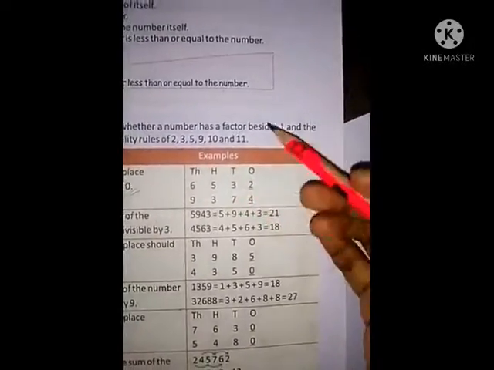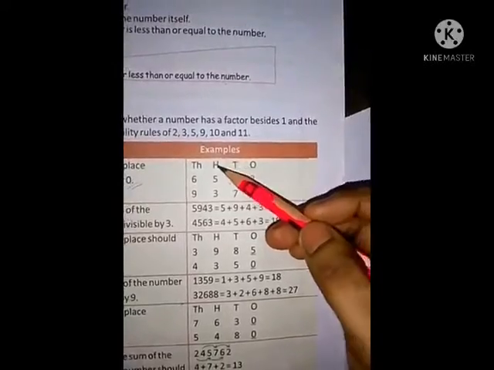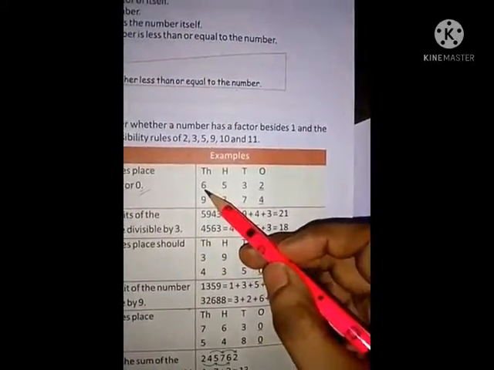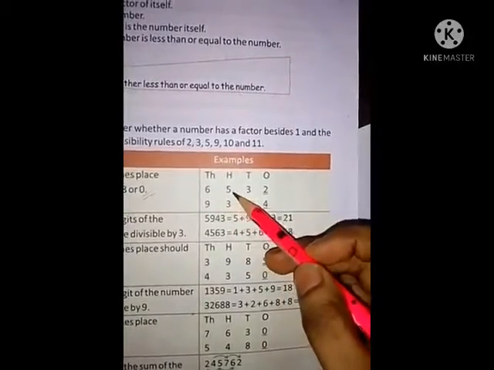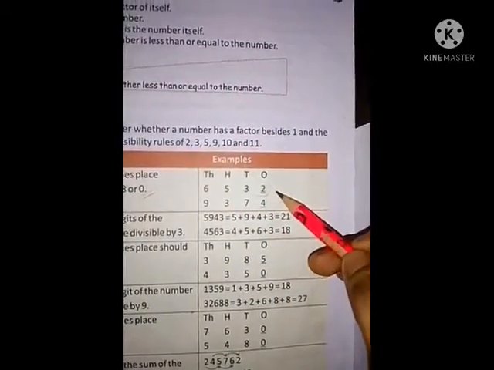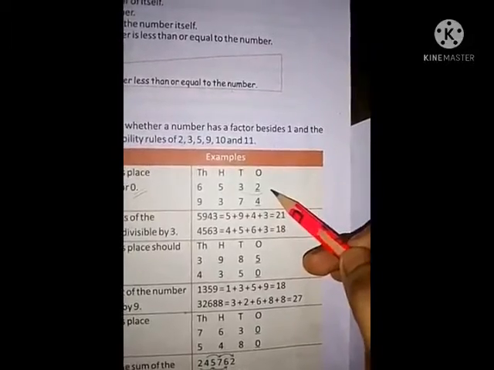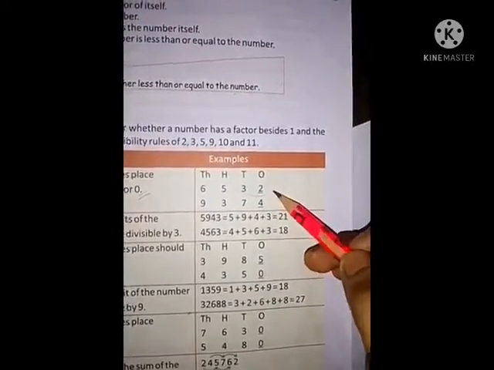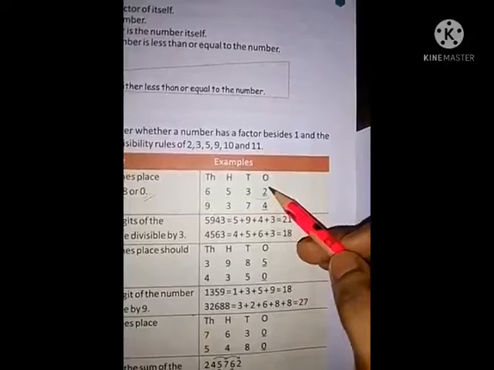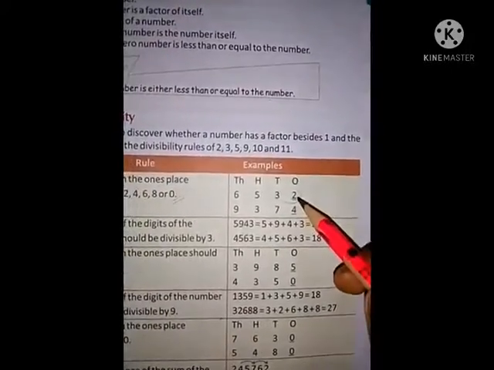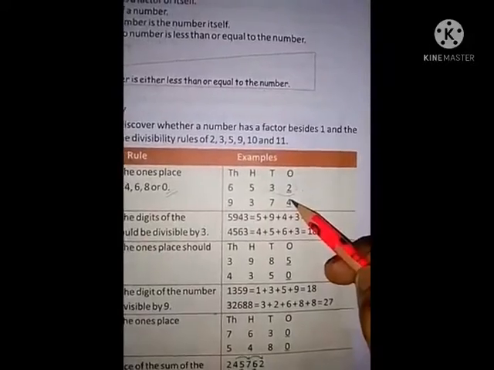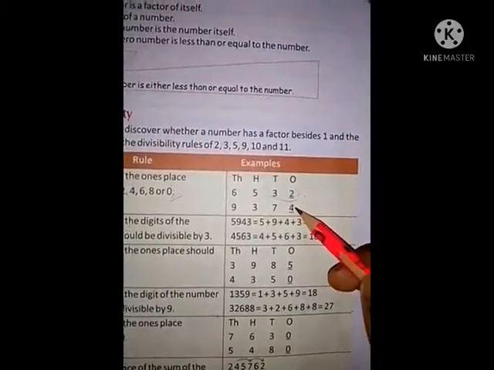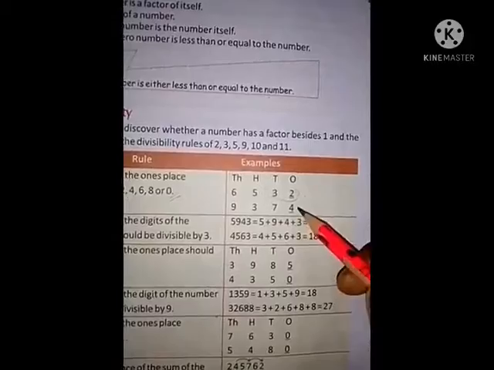See this example. Ones, tens, hundreds, thousands. This is 6,532. Is this number divisible by 2 or not? How can we know? We know that if 2, 4, 6, 8 or 0 is present in the ones place, then that number is divisible by 2.